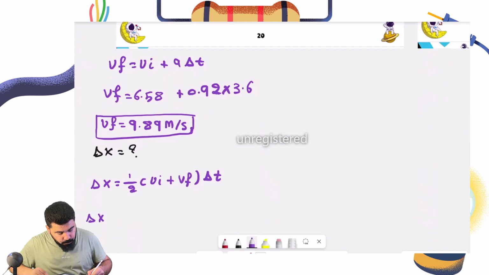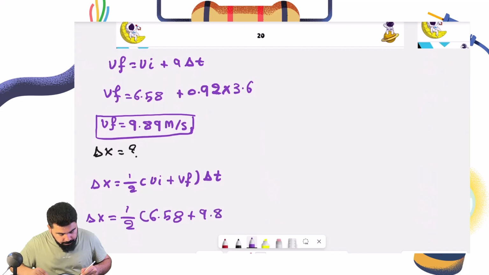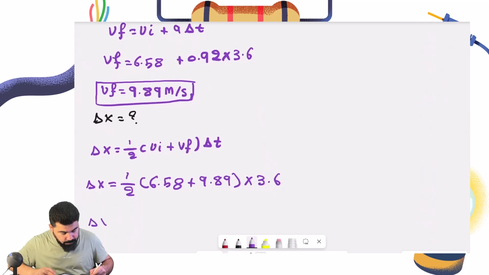Delta x is equal to 1 over 2 times 6.58 plus V final, which is 9.89, and then delta t is 3.6.